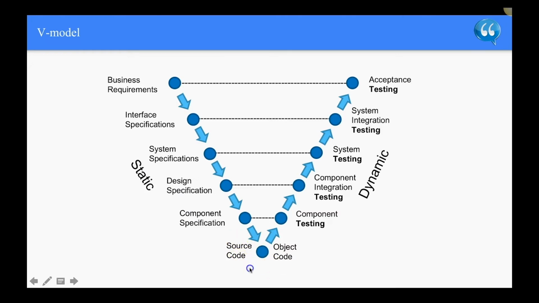Once they start to code, then we can start to test, moving on to the dynamic testing where you're going to be more hands on deck, which is component testing, then component integration testing, system testing, system integration testing, and finally acceptance testing. Furthermore, down the videos, you're going to see a bit more detail on all of those.